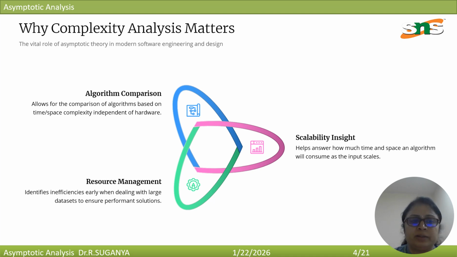Resource management is how it deals with large data sets to ensure performant solutions. And scalability insights mean how much time and space it will consume as the input scales. So this is what the three complexity aspects are.